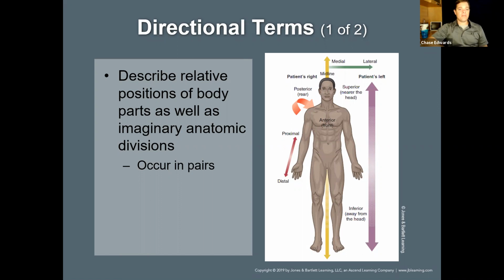Proximal and distal, that's why we call it your distal pulse, right? Because it is distal to the heart. Distal, it's further away. And then proximal, okay? So we come up here, that's closer towards the heart, closer towards the body, or towards the trunk.